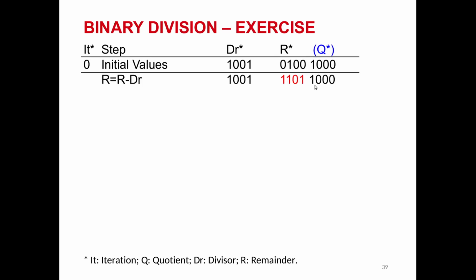For the first step we will need to take this part of the remainder and subtract the divisor. You can see here 0 minus 1 is 1, 0 minus 0 is 0, 1 minus 0 is 1, and 0 minus 1 is 1.